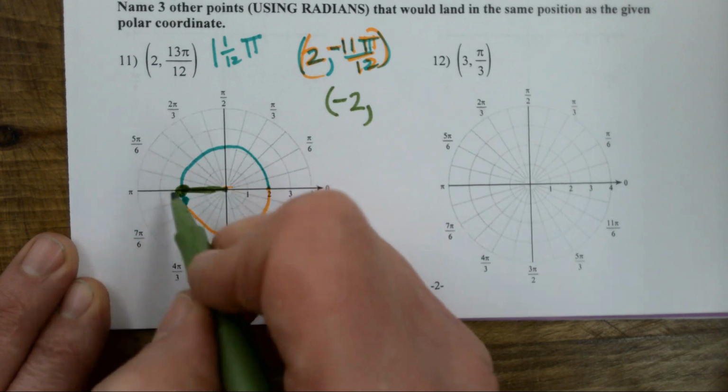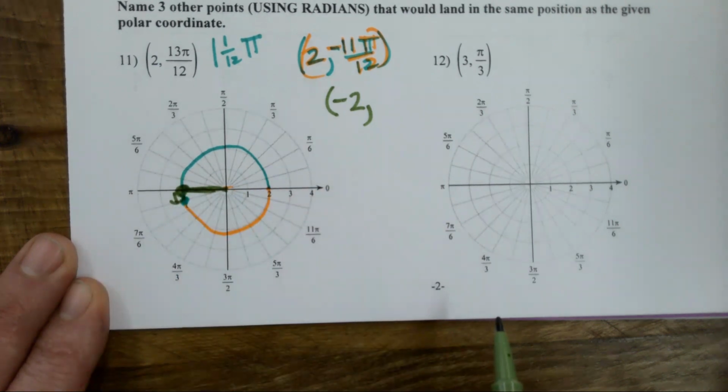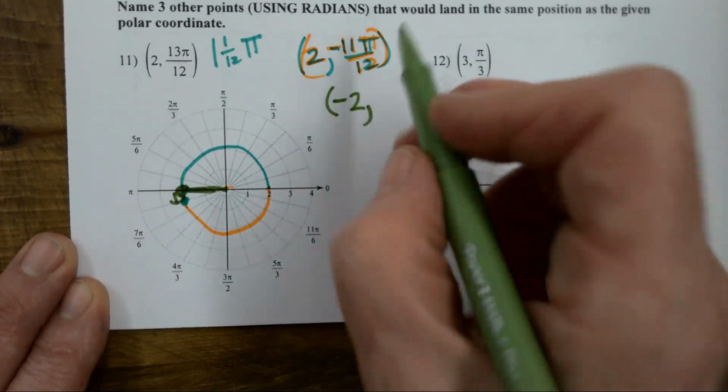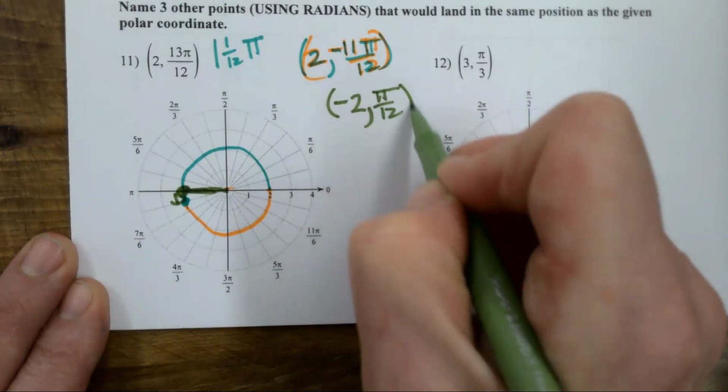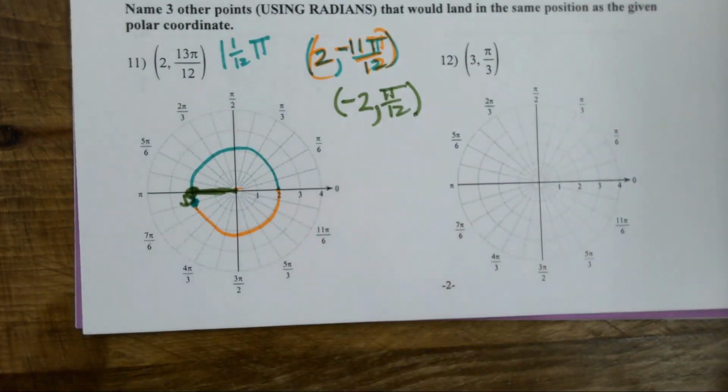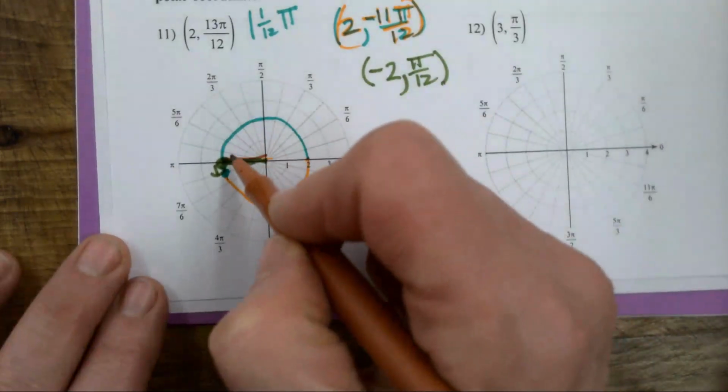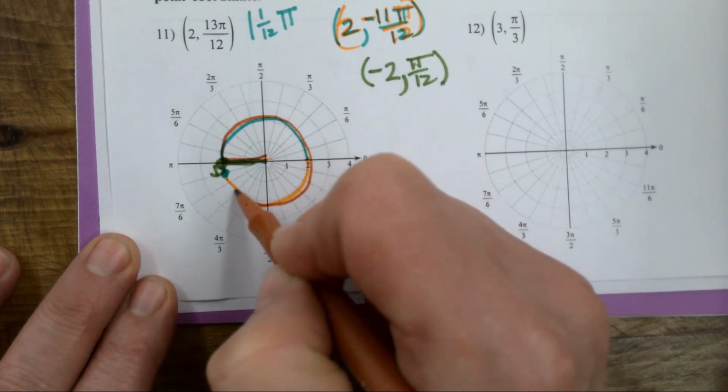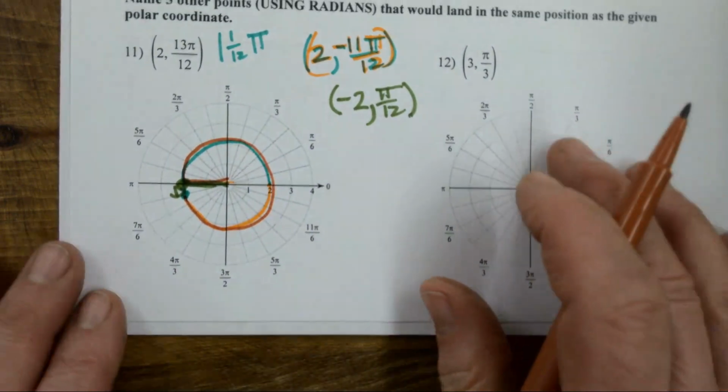How much would I have to move forward? Pi over 12? Or I can move here and move backwards. Oh boy, how much am I moving backwards?